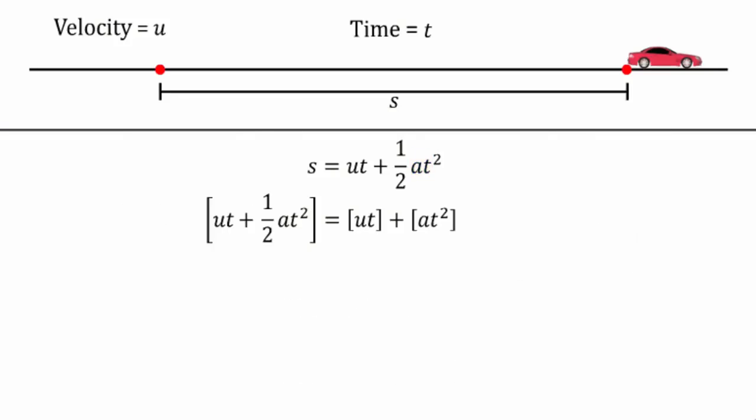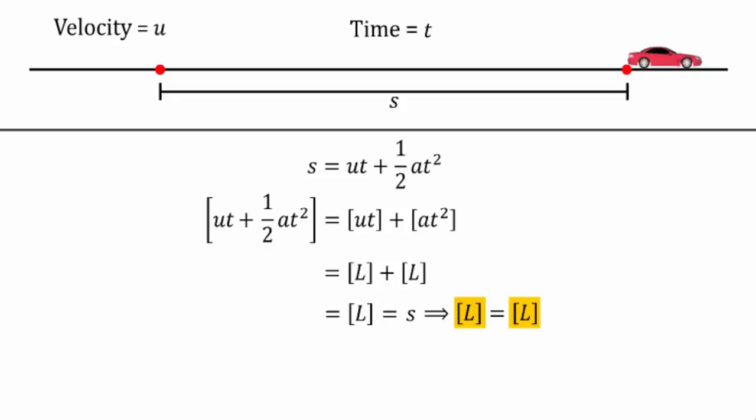Taking the dimensional formula of the physical quantities in both the terms on the right-hand side of the equation, substituting their corresponding dimensions and simplifying, we find it is equal to L, which is the dimension of length as obtained on the left-hand side of the equation. Thus, the dimensions of the quantities on both sides of a given equation are the same.